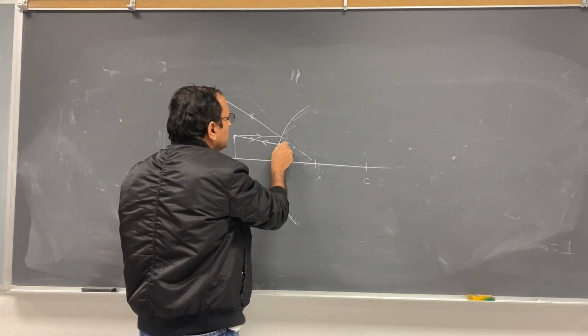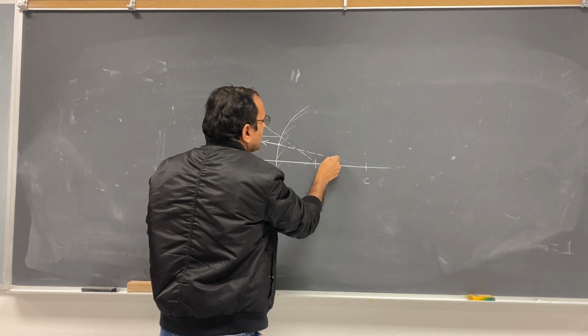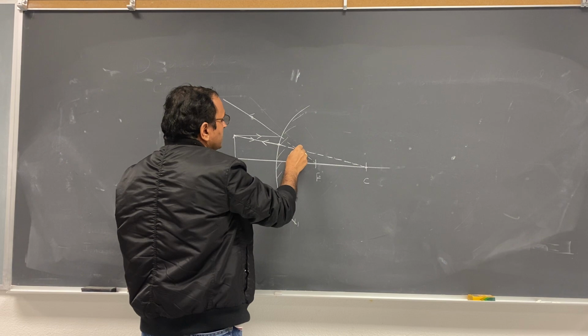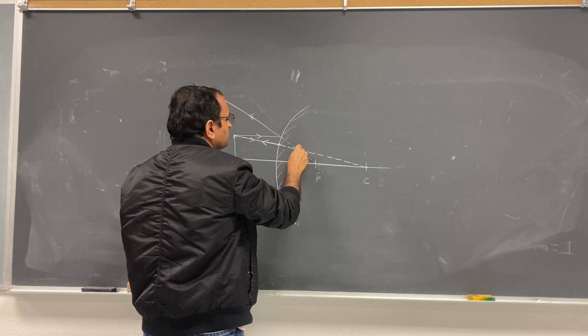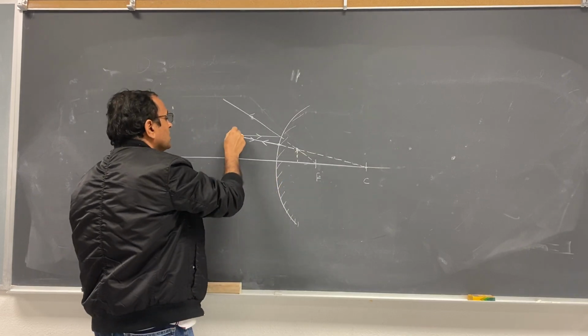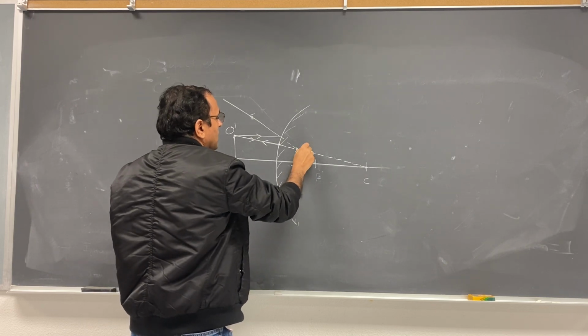Now look, if you extend this line, these two rays meet right there. This is the image. This is object O prime, and this is your image I prime.